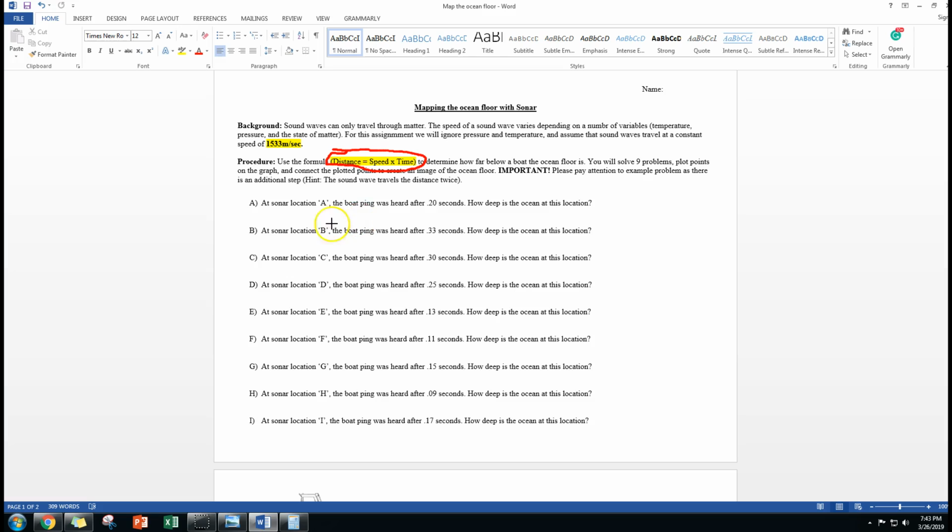How deep is the ocean floor? Okay, so our formula is going to be distance is equal to the speed of sound in water. There's that number, 1,533, times the amount of time it took for the boat to send that signal and then to hear it again.